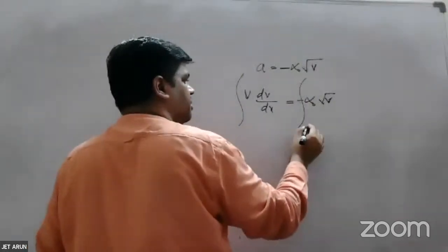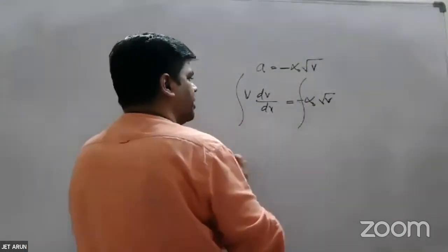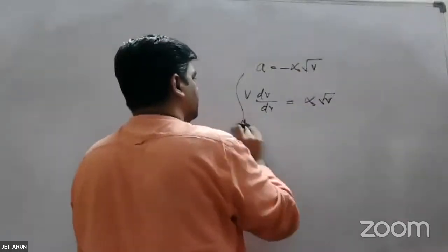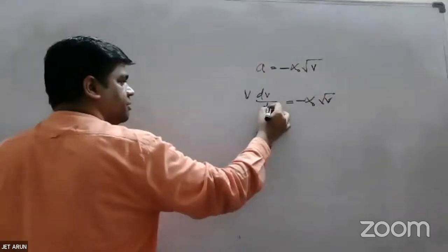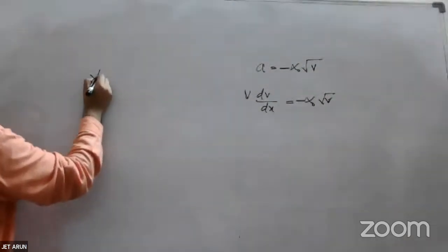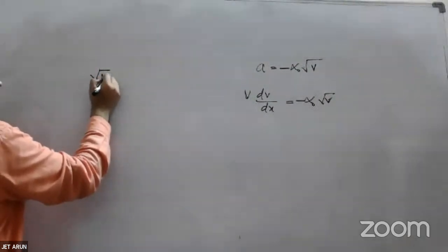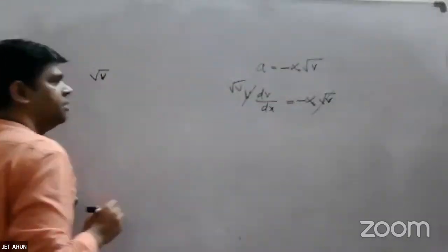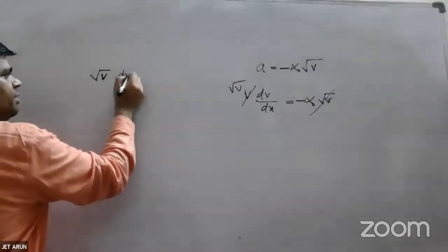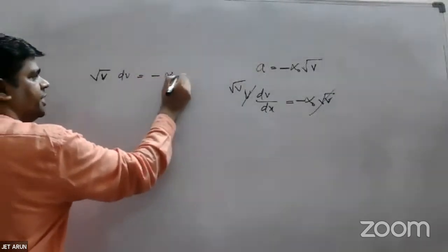I can't integrate yet. I take root v here, and take dx there. So v by root v is root v. One root v and v cancel, I get root v. Root v into dv is equal to minus alpha naught into dx.